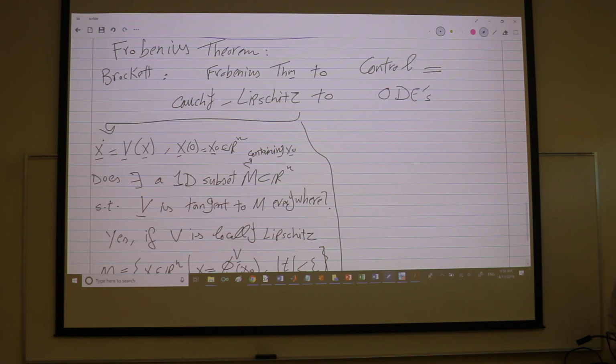So the Frobenius theorem is actually the generalization of this question. Instead of having one vector, we have a bunch of them. So we have V1 up to Vk. These are all vector fields on M. And the question is, maybe this is an n or m dimension, maybe these are of rank p.